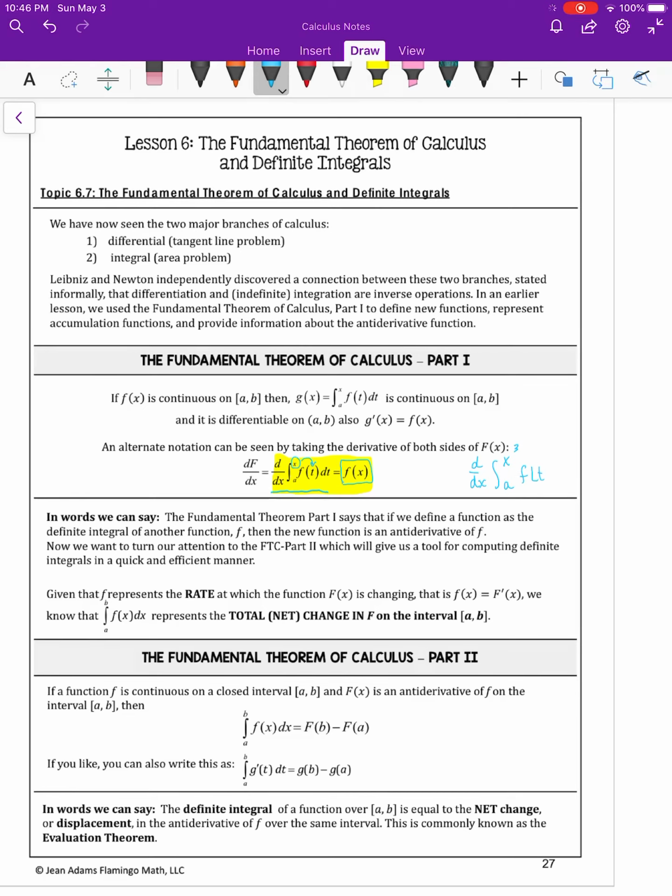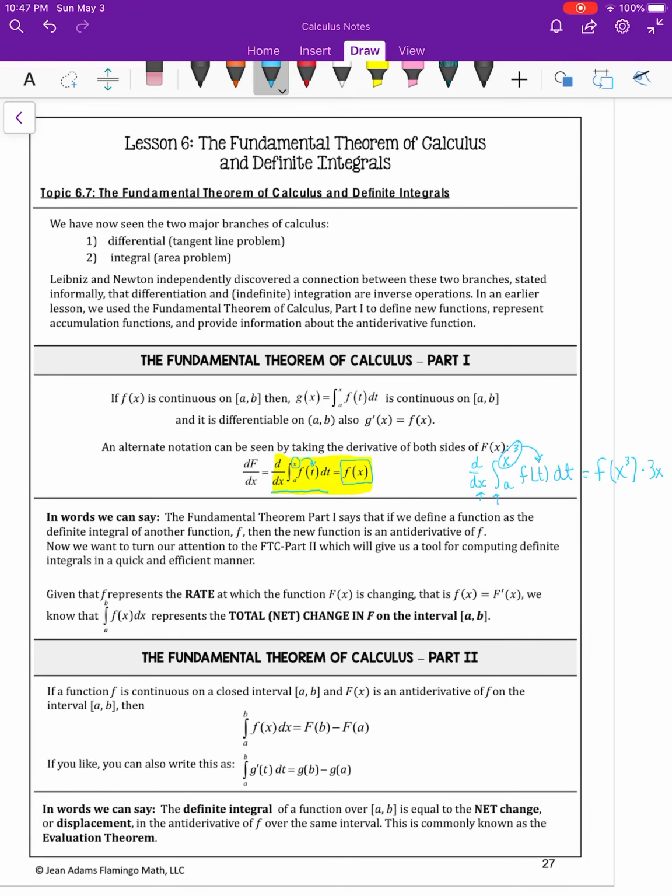So if I was taking the derivative of the integral from a to x cubed, let's say, of f of t dt, the derivative and the integral cancel each other out, kind of.